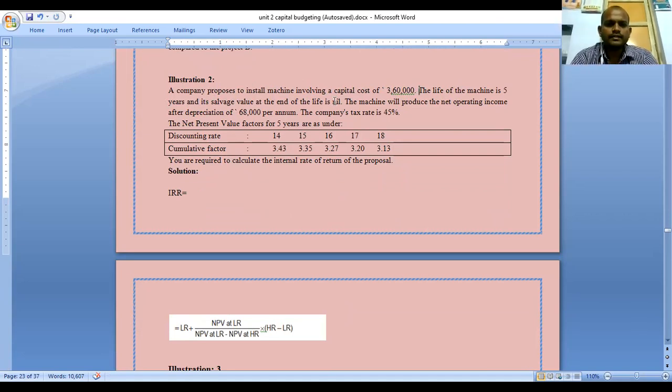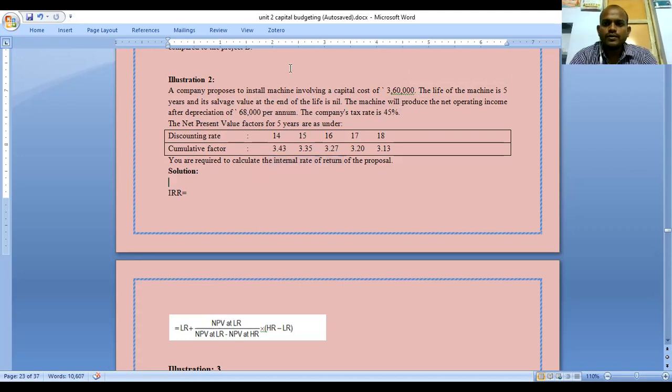The mission will produce a net operating income after depreciation of rupees 68,000 per annum. The company's tax rate is 45%. Net present value factors for 5 years are as follows. You are required to calculate the internal rate of return of the proposal.